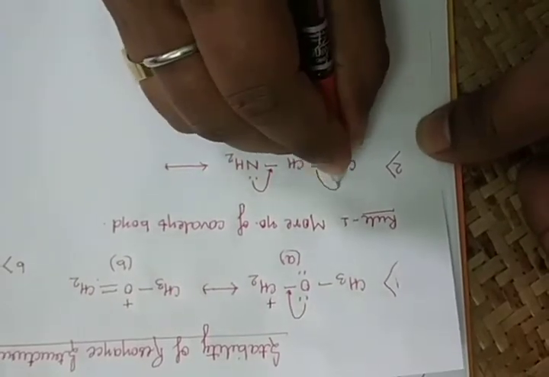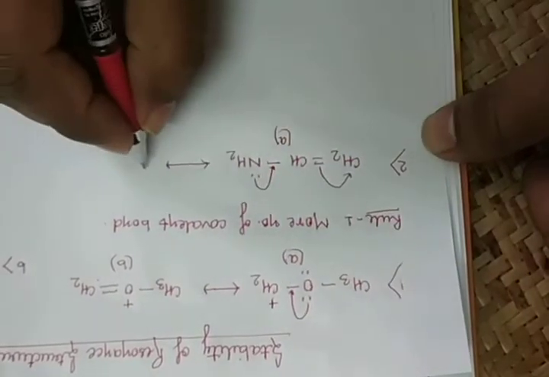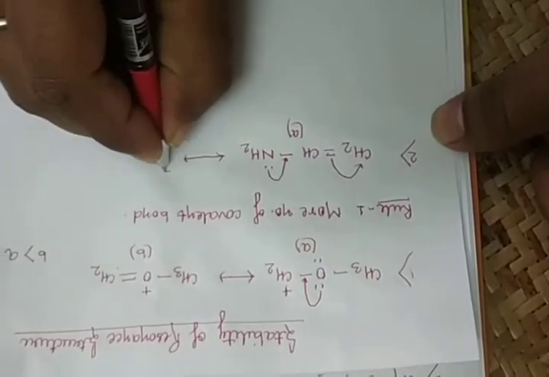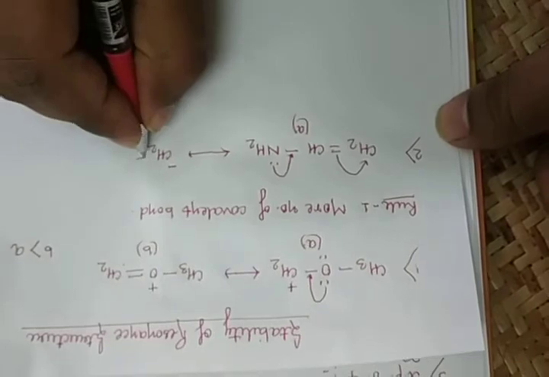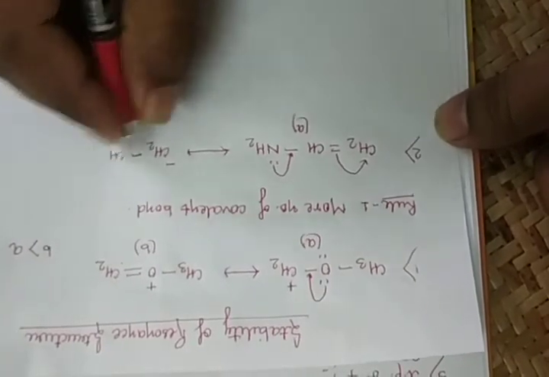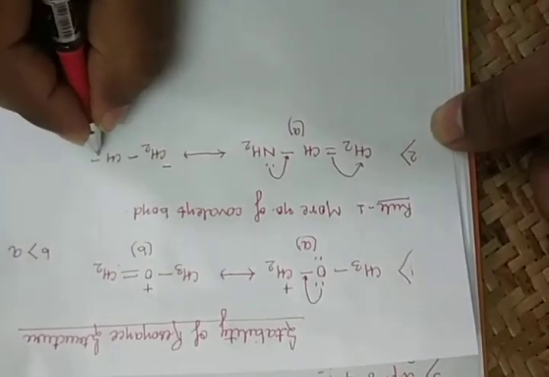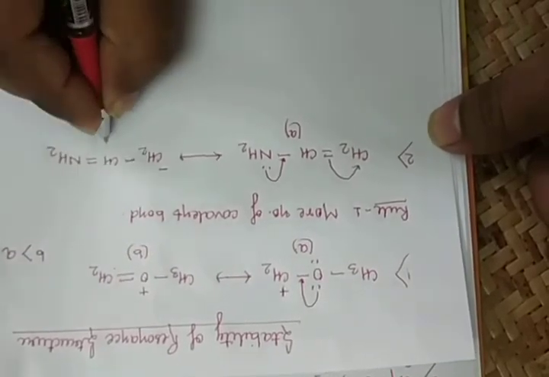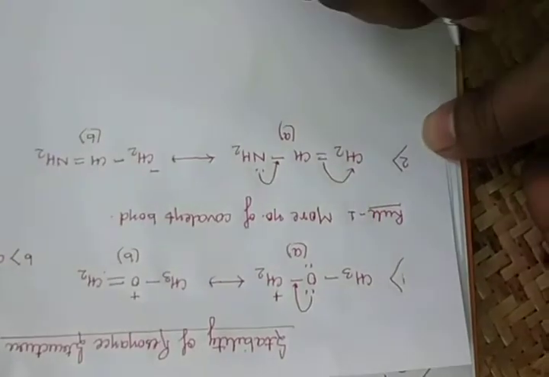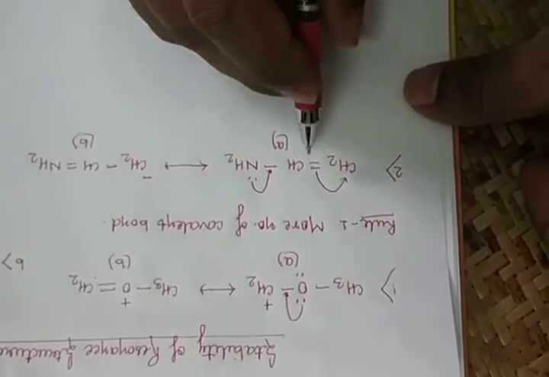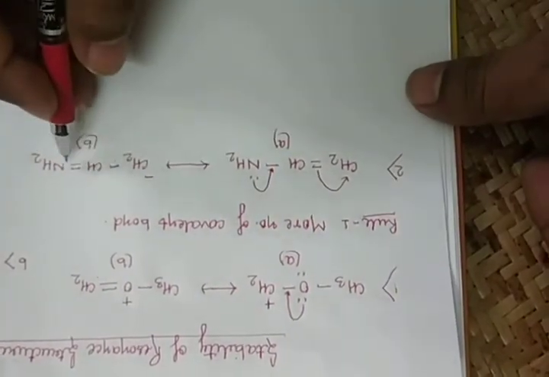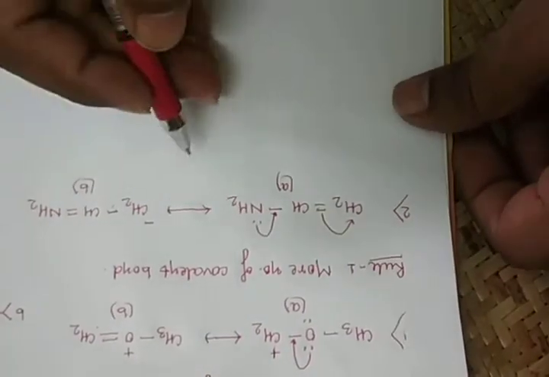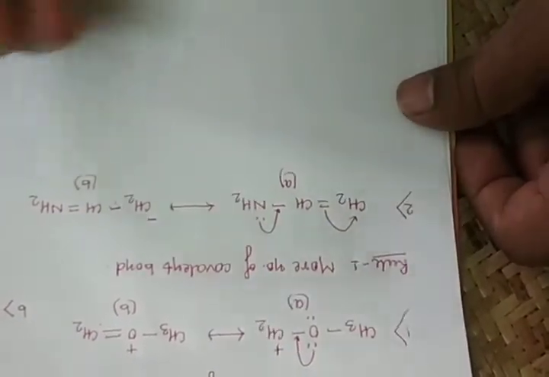Now if carbon accepts one electron, carbon contains negative charge. There is a single bond to CH, and nitrogen donates one electron, forming a double bond with NH2. So first you check covalent bonds. There are 1, 2, 3 covalent bonds in each, so the covalent bonds are the same.